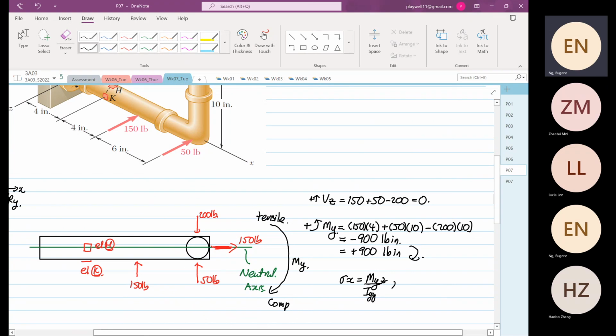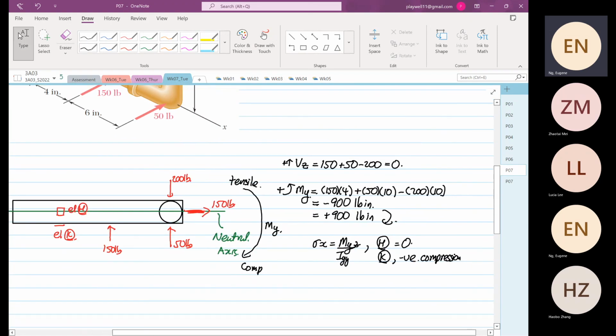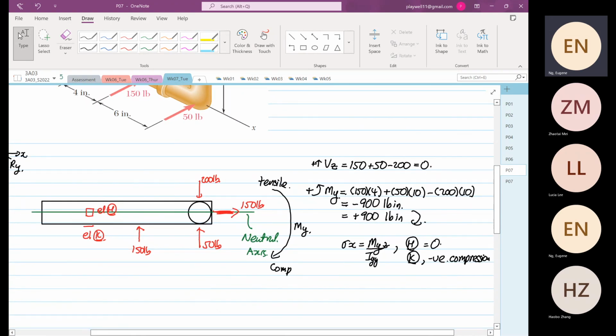So we know that element H will be equal to 0, because it's on the neutral axis, and element K is going to be in compression, negative. Or you can call it under what? Compression. Okay, this is where we carry out our analysis.